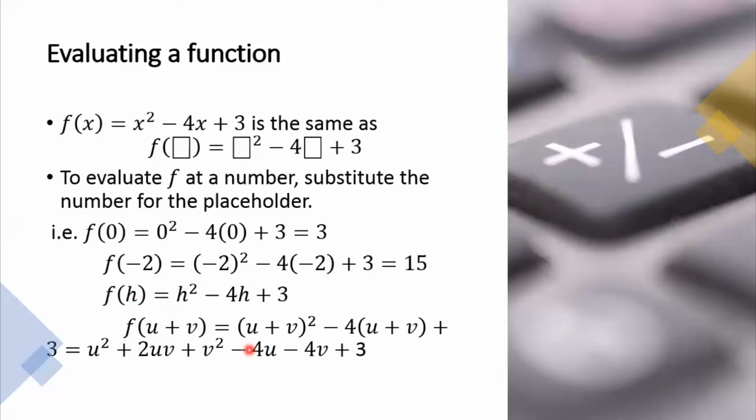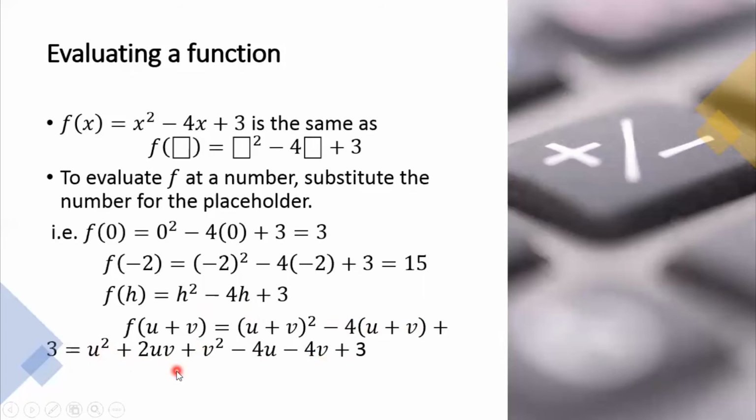So this becomes quantity u plus v squared minus 4 times quantity u plus v plus 3. Then simplifying the whole equation, we have u squared plus 2uv plus v squared, then minus 4u minus 4v plus 3.